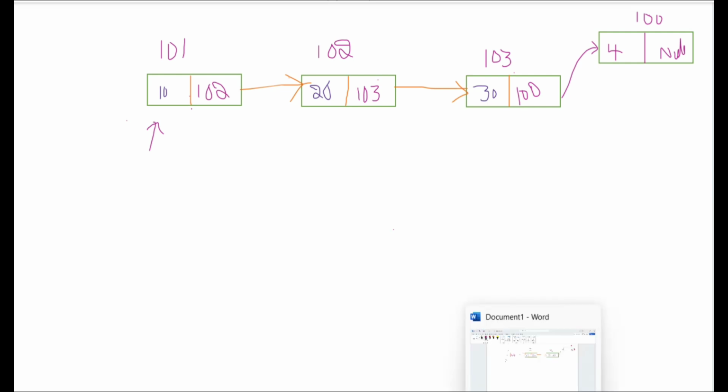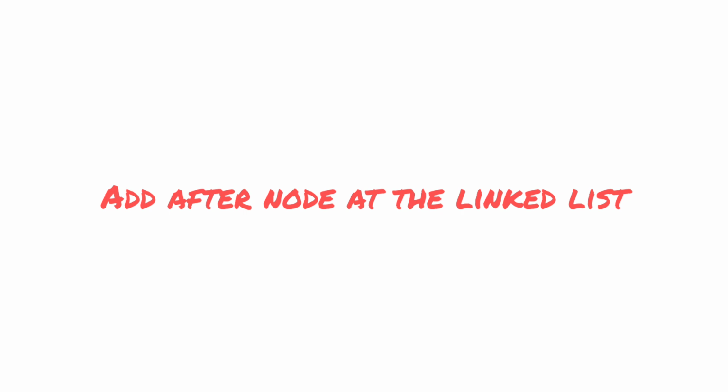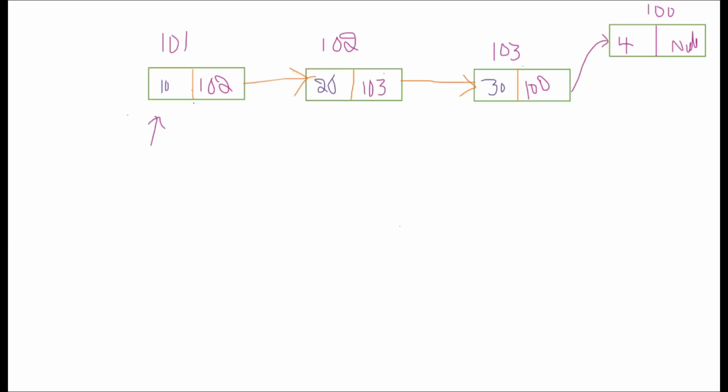How to insert a node in the middle of the linked list, or add after a value. In this, first we need to traverse the list to find the node containing the value.